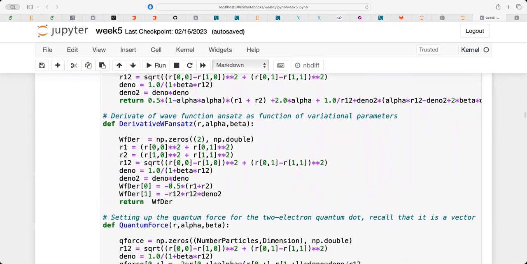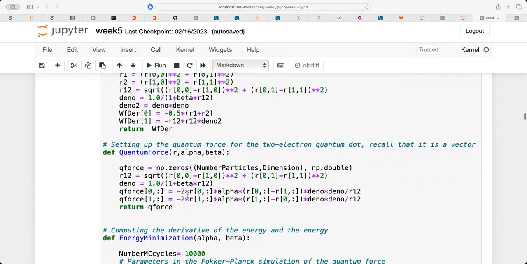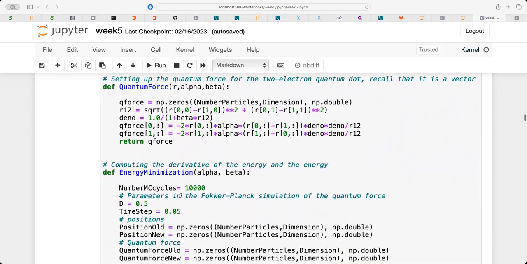So this is the derivative. Derivative 0 is the one with respect to alpha, and derivative 1 is the one with respect to beta. So this is just a compact way of encoding this one. Then I have the quantum force as before. And then I perform the energy minimization here.